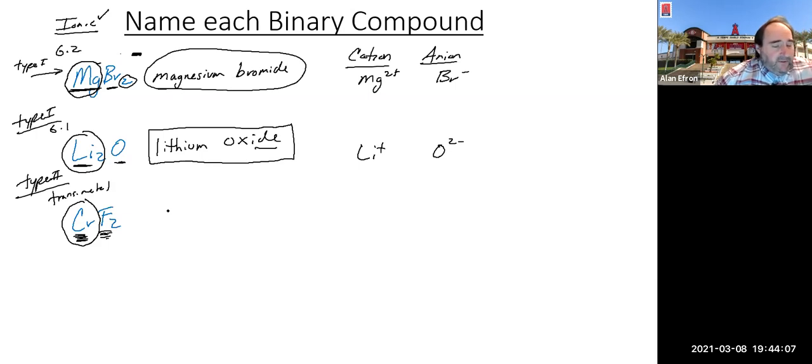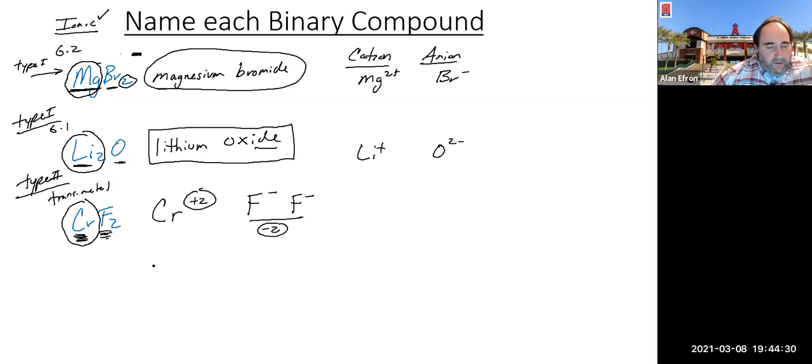And I should be doing some Roman numeraling here. So let's think about what Roman numeral I should do. I'm not sure what the chromium is, but I do know fluorine is -1 since it's group 7. And there are 2 of them, which gives me a grand total of -2. So in this particular case, the chromium should be +2.